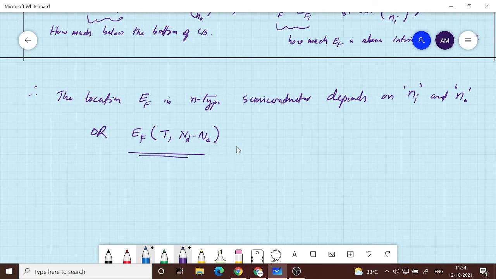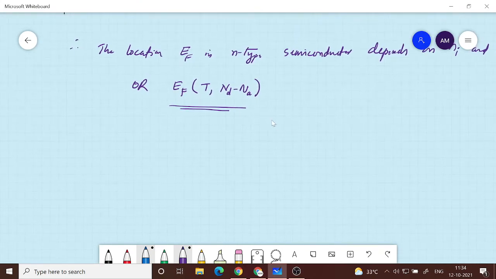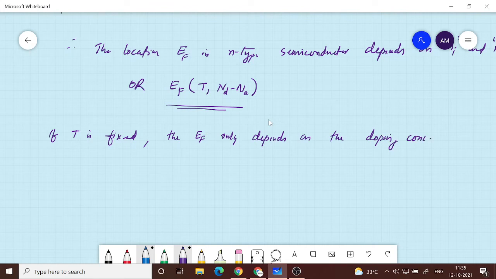So let's see how it varies. If I fix the temperature, then I can talk about how it varies with the doping concentration. If T is fixed, then EF only depends on the doping concentration, that is Nd minus Na.